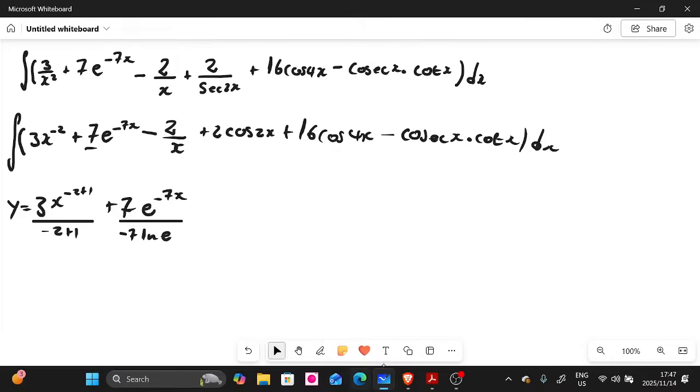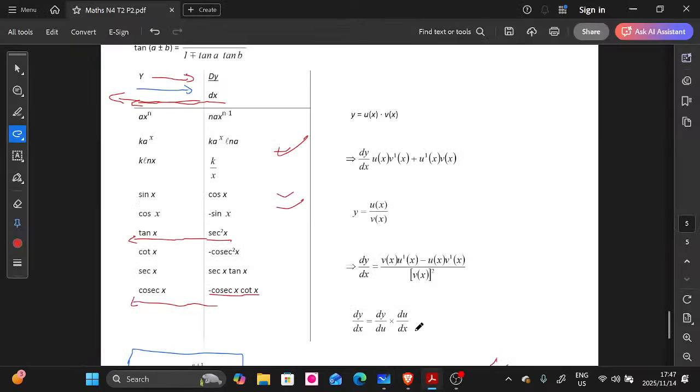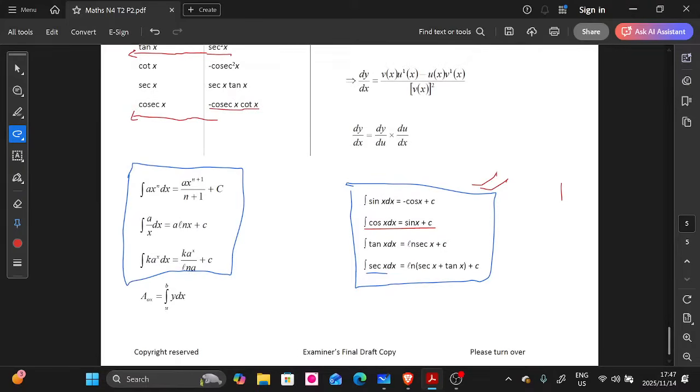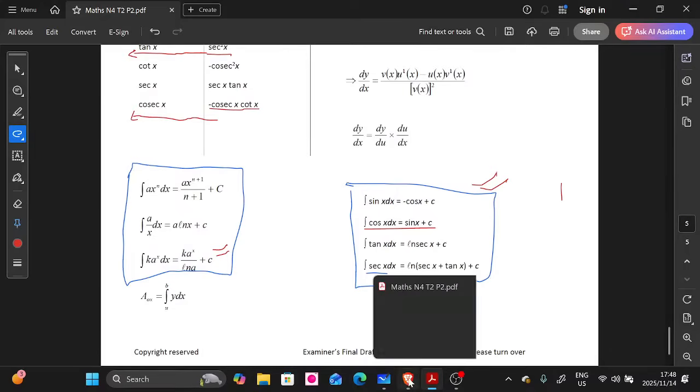There we go, guys, the formula sheet, it is there. Let me show you on the formula sheet. Here it is, this one here. What is missing here is the coefficient of x, but you always divide by the coefficient of x.